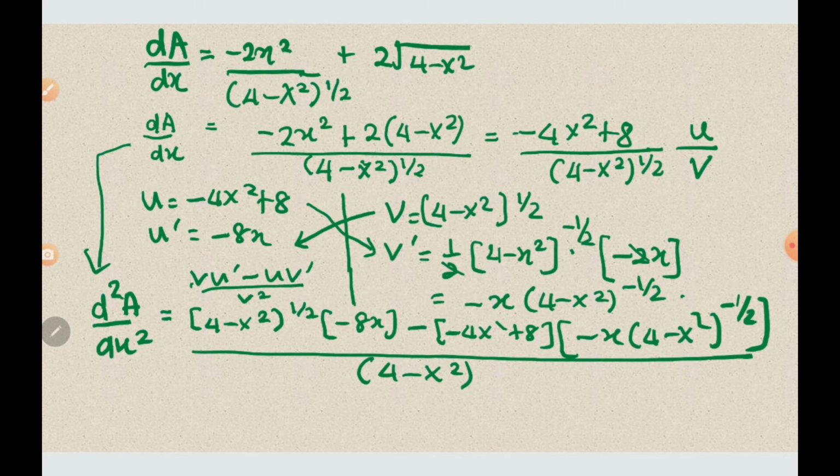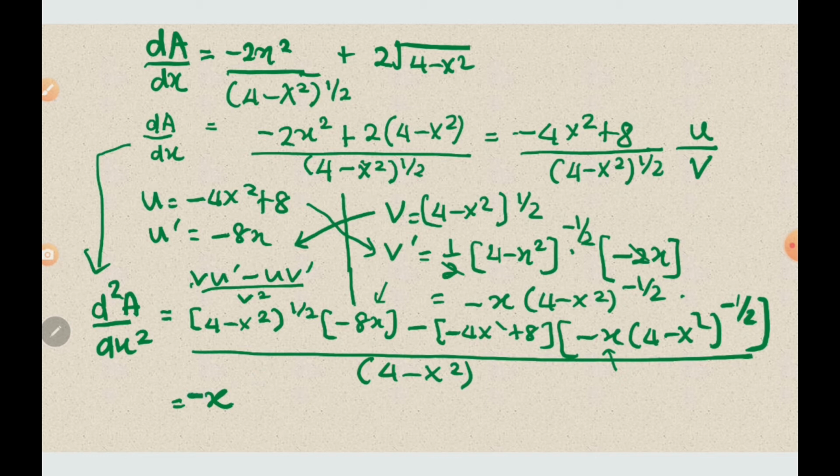Okay, then simplify. We will simplify by factorizing the same terms here. In both terms here we have x, which means we can factorize x. I put negative in front.